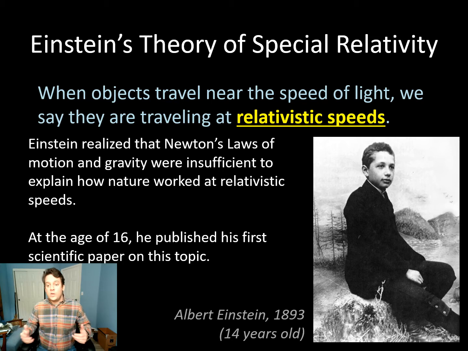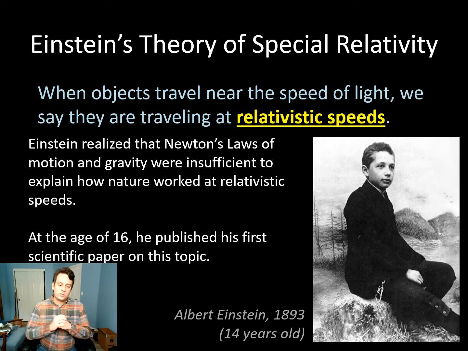When things start moving near, or in the case of light, actually at the speed of light, the instruments of the time were finally good enough to take precise measurements and notice that there were some problems, that Newton's laws, as well as they worked at non-relativistic speeds, started to break down, and so something else was needed.